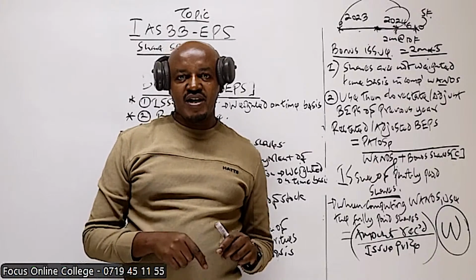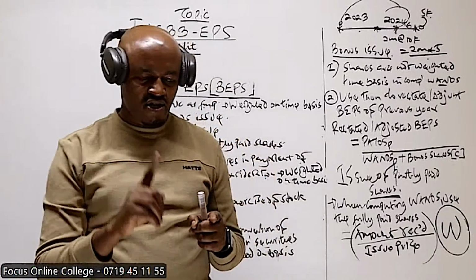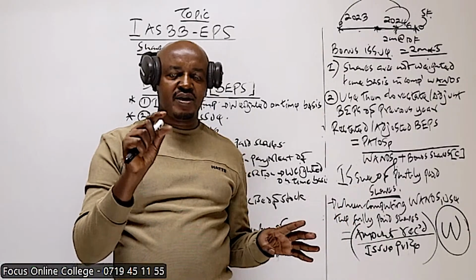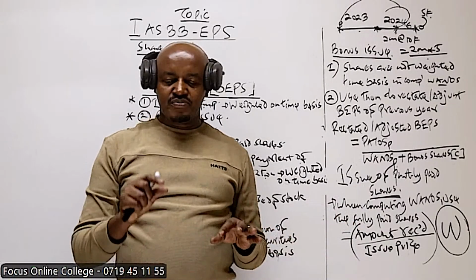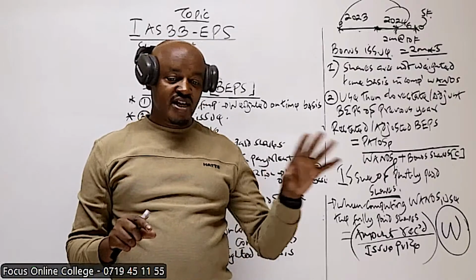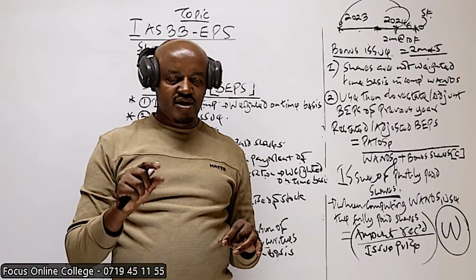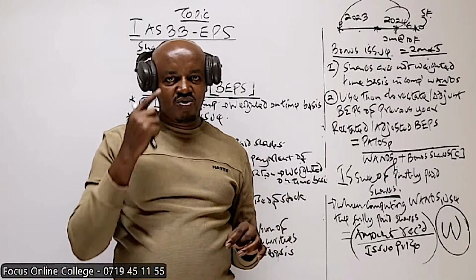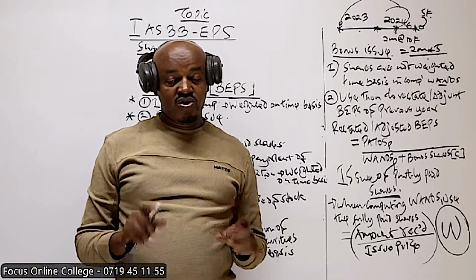A share split means you may take one share and split it into 10. So if one share had a market price of 200 and you have split that one share into 10 shares, the price per share will reduce to 20 shillings.